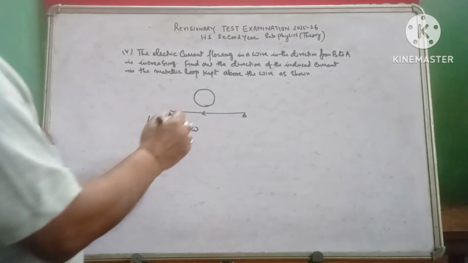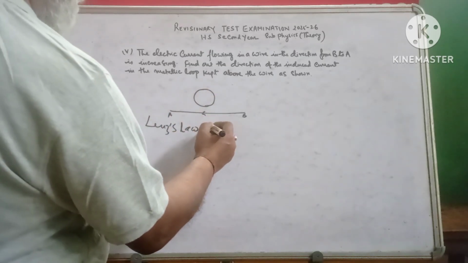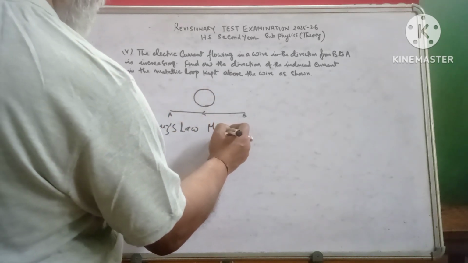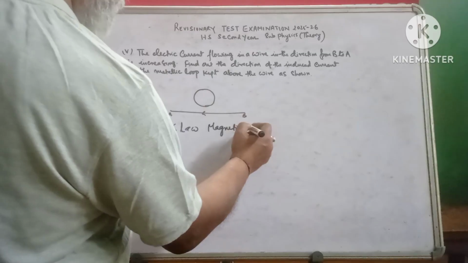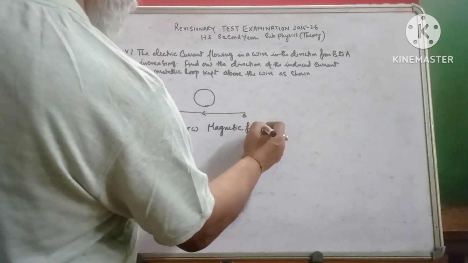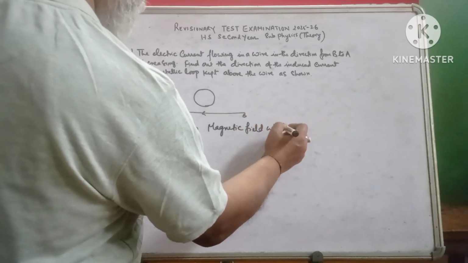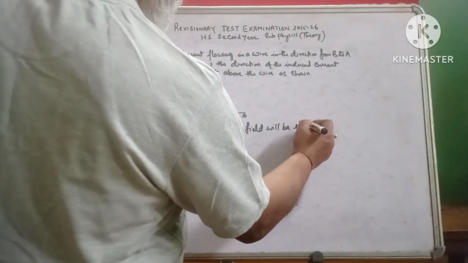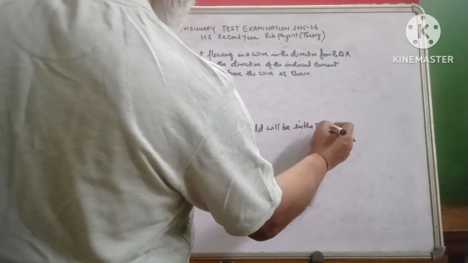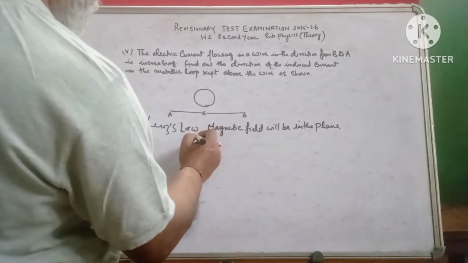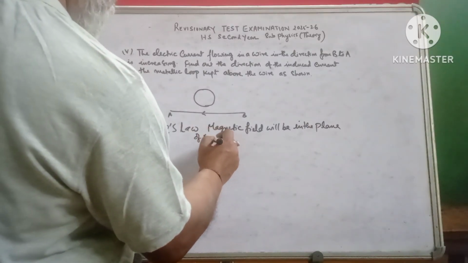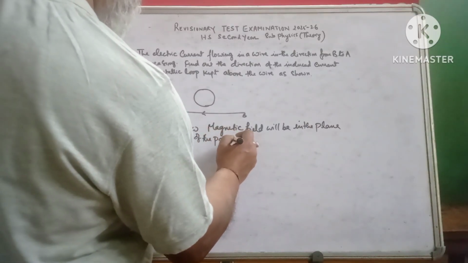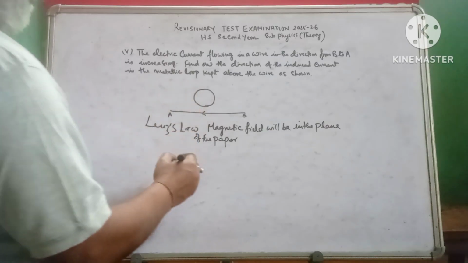The magnetic field will be into the plane of the paper. So the direction of the current will be clockwise.